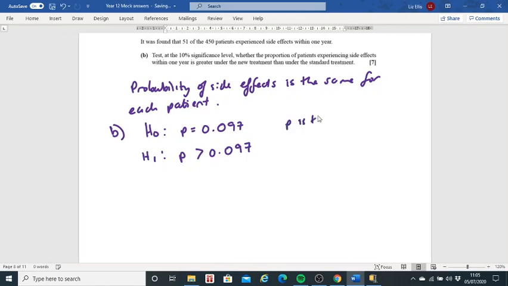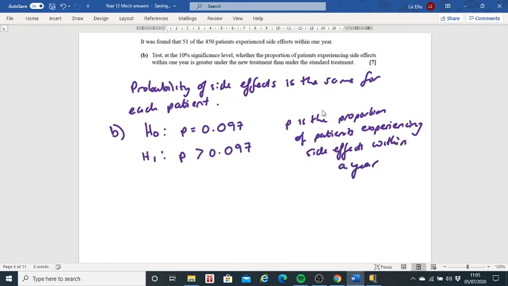P is the proportion of patients experiencing side effects within a year. That statement there would guarantee you 2 marks. If you just got one of these statements, you got both of these statements but not this, you'd only have scored 1.